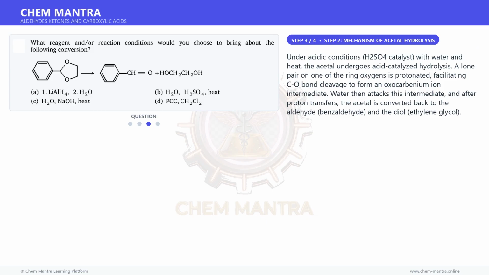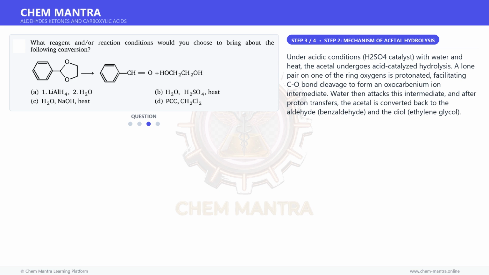Under acidic conditions, H2SO4 catalyst, with water and heat, the acetal undergoes acid-catalyzed hydrolysis. A lone pair on one of the ring oxygens is protonated, facilitating C-O bond cleavage to form an oxocarbenium ion intermediate.